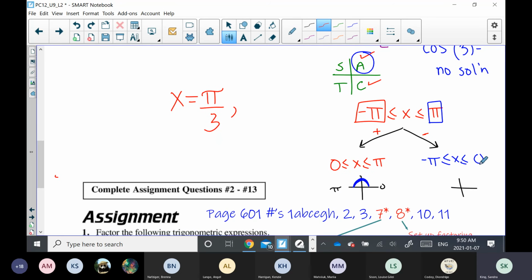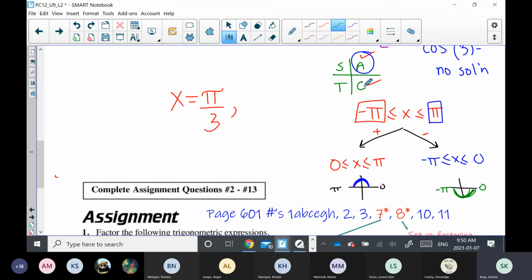Now, this negative domain. They're saying x is less than 0, greater than -pi. So this is 0. Here's -pi. That means that I could pick an answer down here.